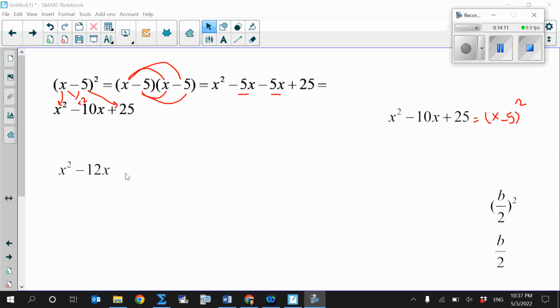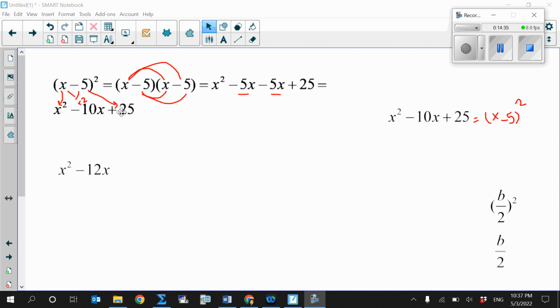So how do I find this missing term? By going backward this way. The only thing you need to do is take the coefficient of x, let's call that b value, and divide it by 2, so you will get this term, and then raise it to the power of 2.